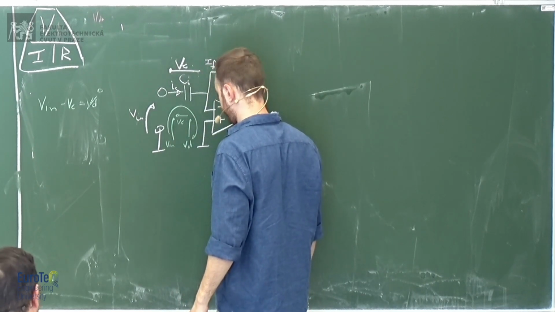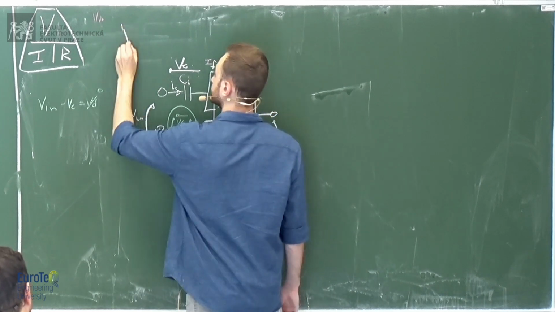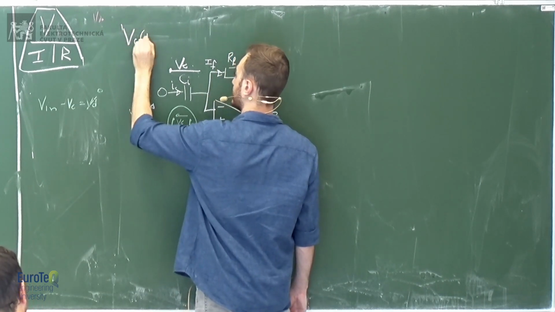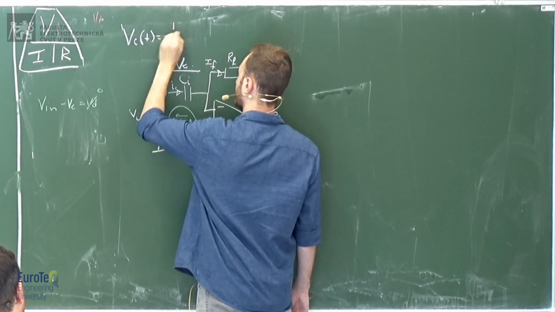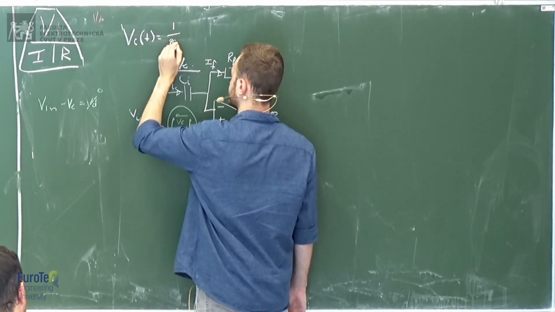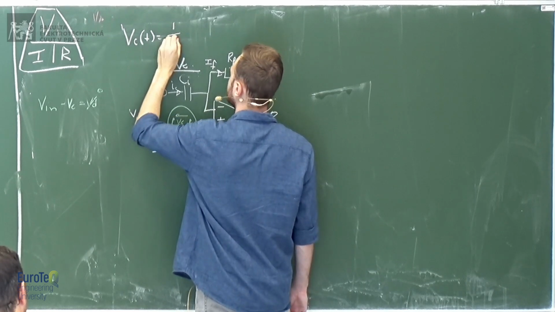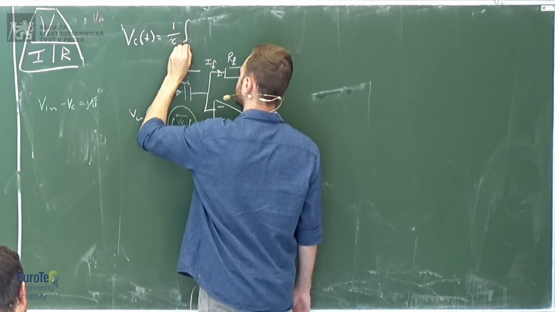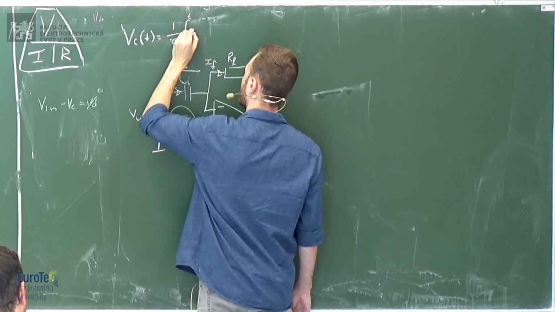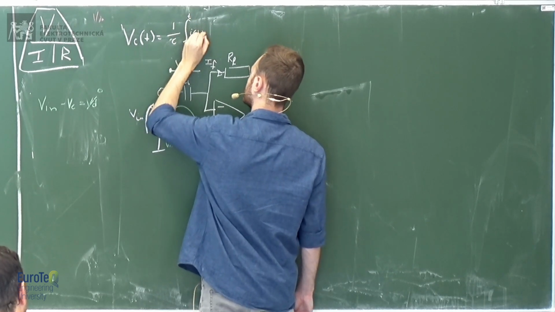So now we need to describe the voltage on the capacitor. Okay. So VC in the time domain is equal to 1 over C, just C, and the integral from 0 to t of the current.